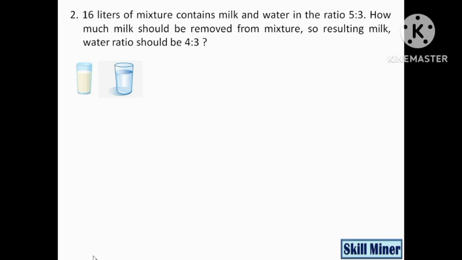Second question. 16 liters of mixture contains milk and water in the ratio 5 is to 3. This is the milk, this is the water. There is a vessel. This vessel contains a mixture of milk and water.